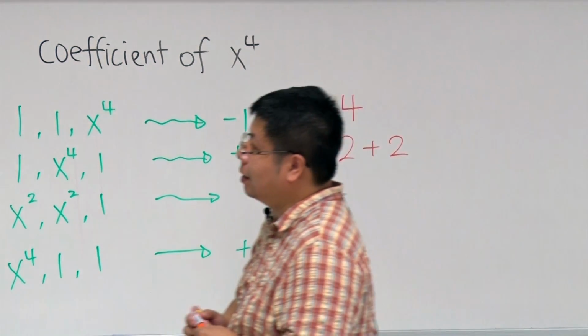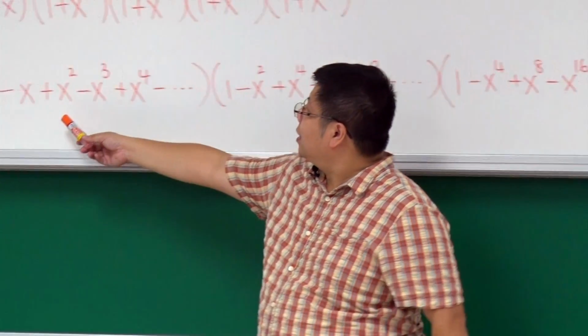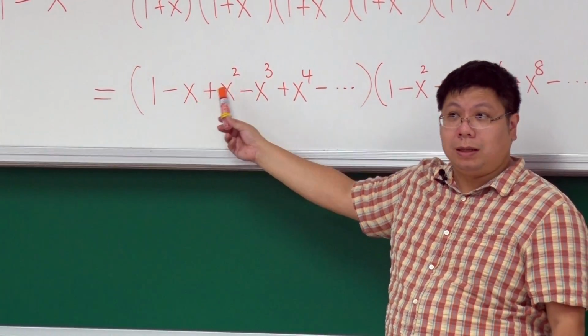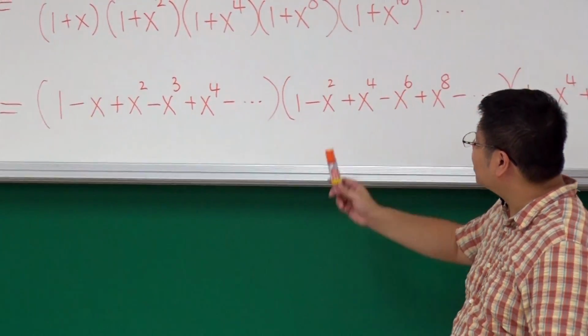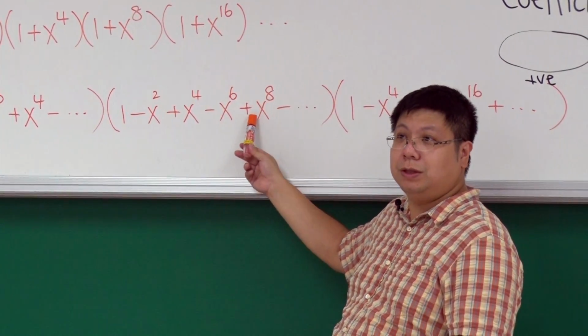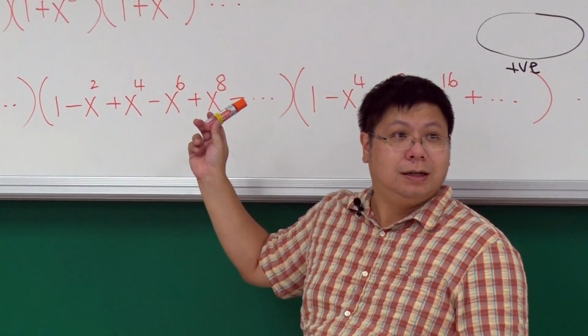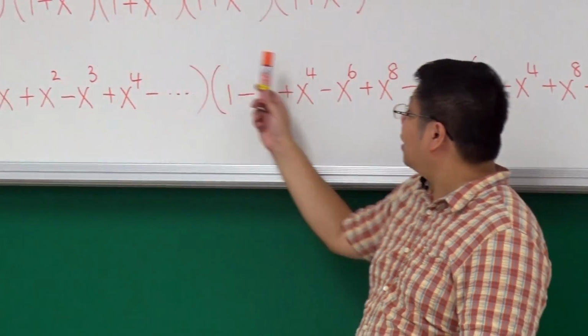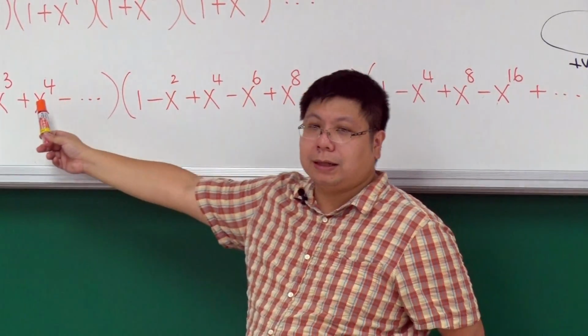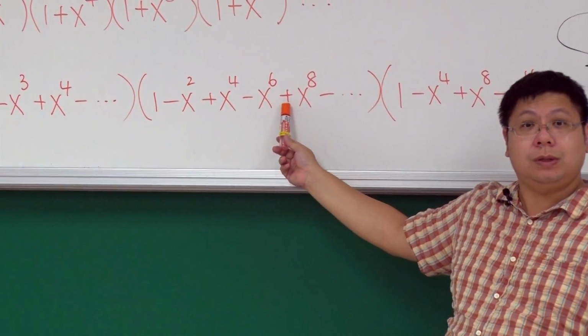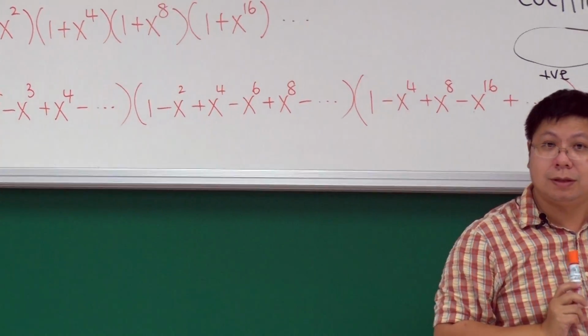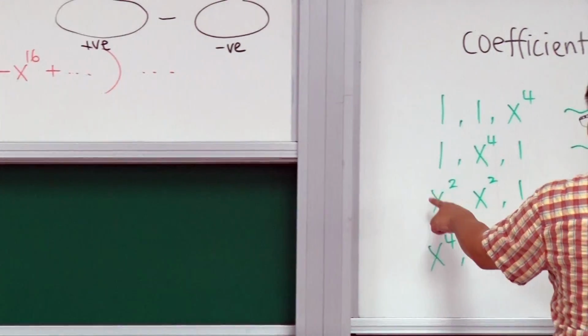This is I'm picking 1 or 1 1, 2 1, 3 1, 4 1. This is I'm picking 1 2, 2 2, 3 2, 4 2. Is that okay? So if I'm choosing 1, x^4, 1, this is I'm picking 0 1s, 2 2s, and then 0 4s. Is that okay? How about x^2, 1?